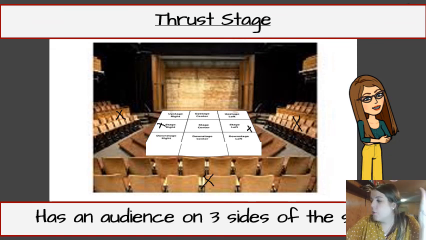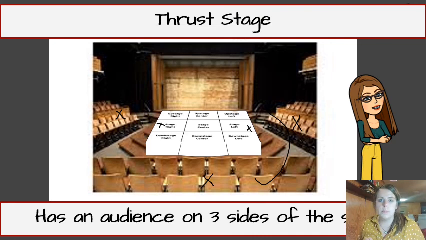To fill in the blank for your last little bit of the notes, it does still use upstage right, center, left, downstage, stage right, stage left, and it has a backstage. The backstage is this area right here, in white.